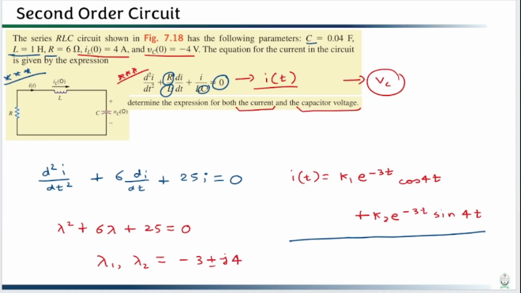See, there are only two missing values, that are K1 and K2. If we can calculate the values of K1 and K2, that will give us the total expression for current for this circuit. In our differential equation solving cases, we have seen that if we can come up to this, then we will need initial conditions to calculate the values of these constants.